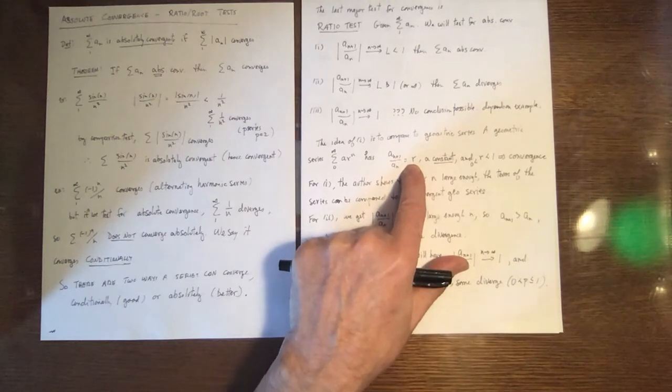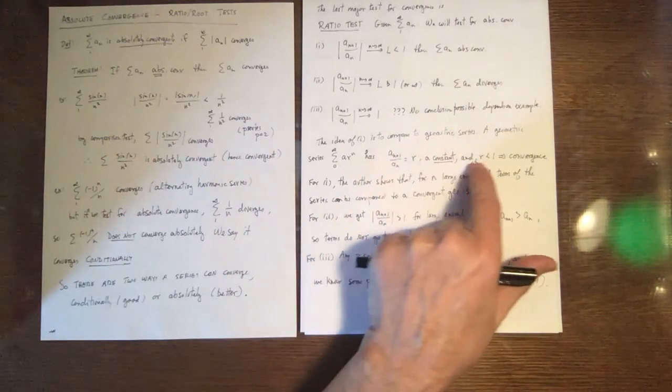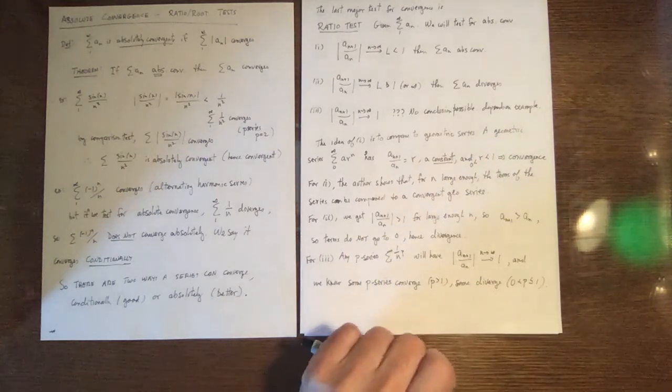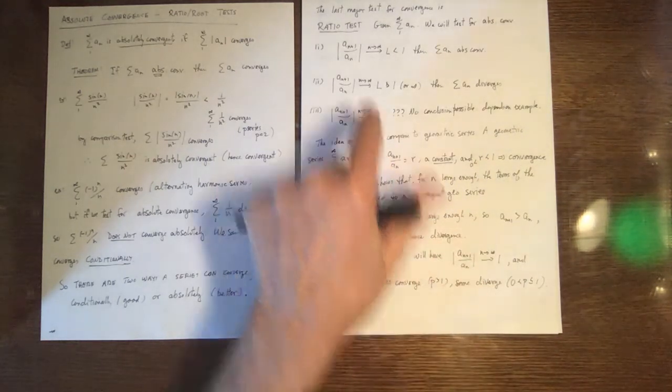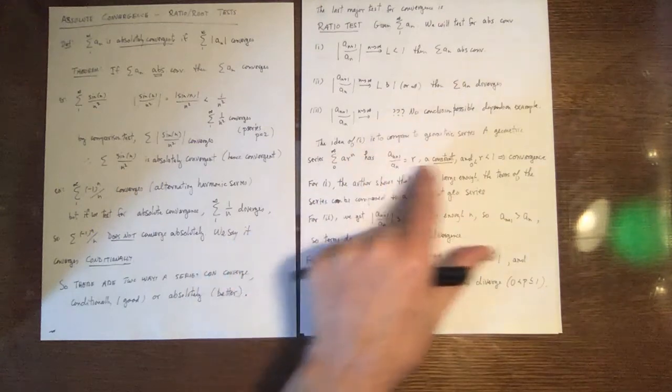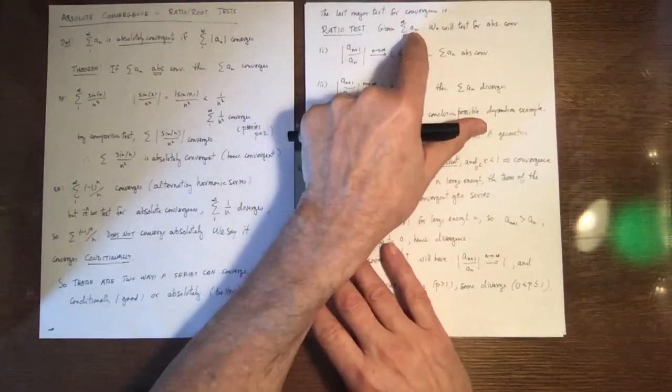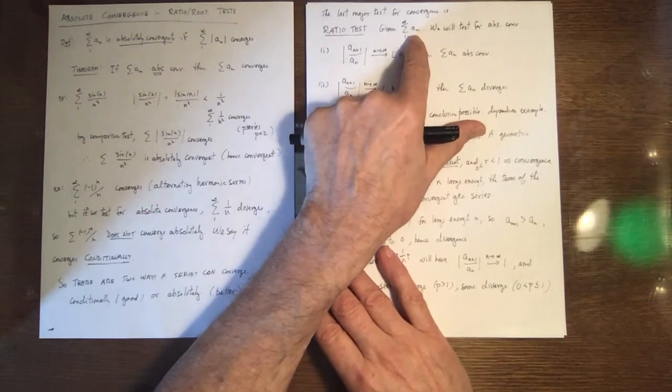And we know from a while back that if r is positive and less than 1, then we get convergence. So the ratio test kind of mimics this. Now I just have any old series, so it's not going to be a geometric series. But we do the same thing.